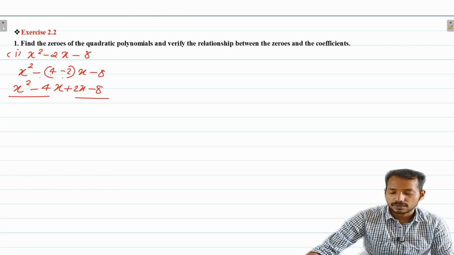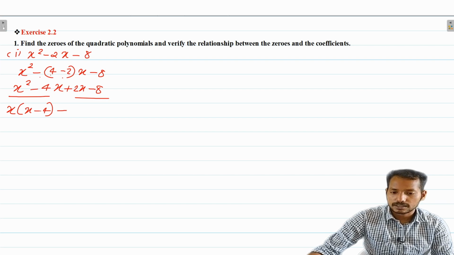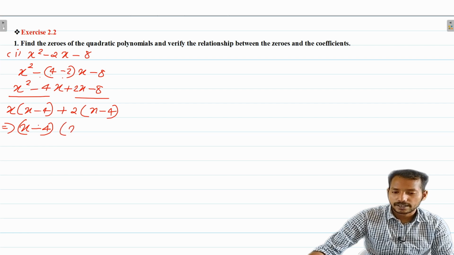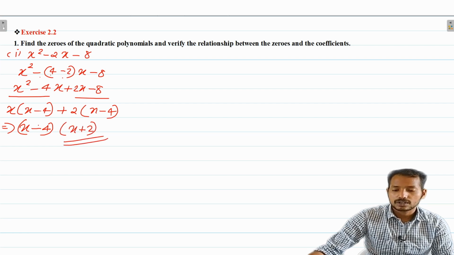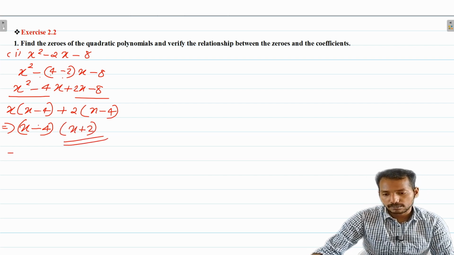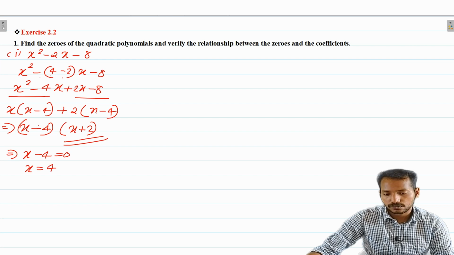Separate it. We will get x into x minus 4 plus 2 into x minus 4. That implies x minus 4, take it outside, into x plus 2. So now we have factorized. Put x minus 4 equal to 0, so x is equal to 4.